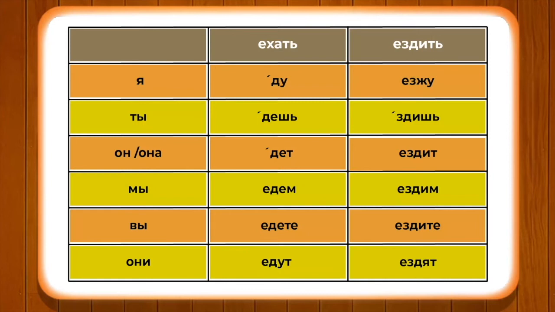Okay, now let's go ahead and pay attention to a very simple collection of sentences where you will see the usage of different forms of verbs of motion in conjugated forms. For example, we are going to use ехать and ездить. The first one is летом мы едем в Украину.